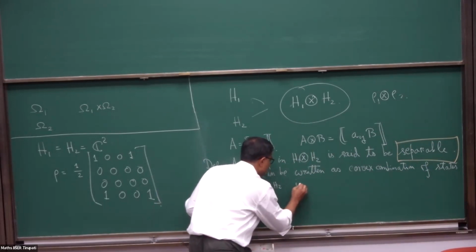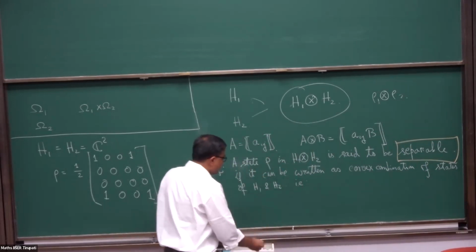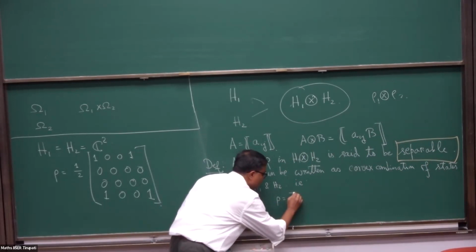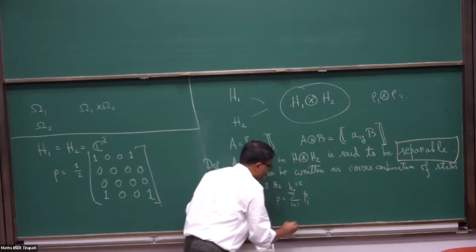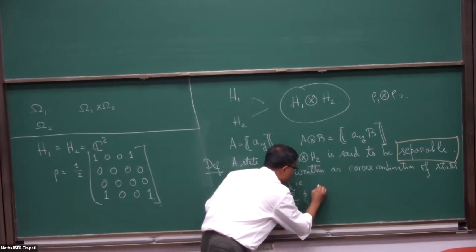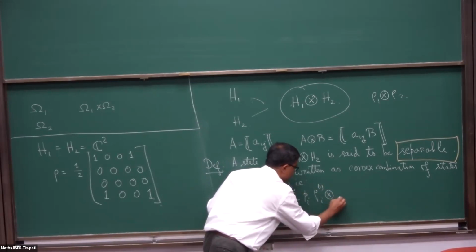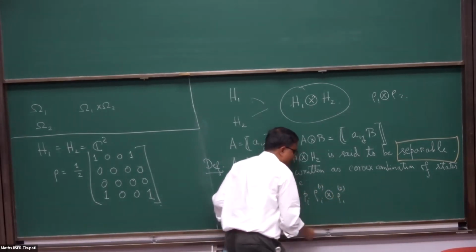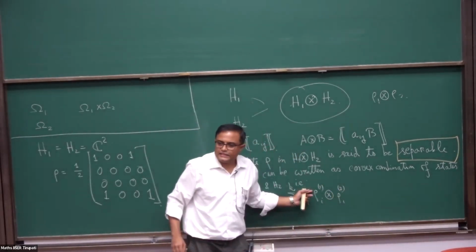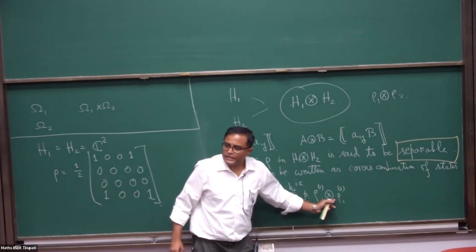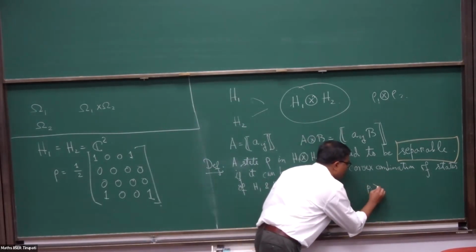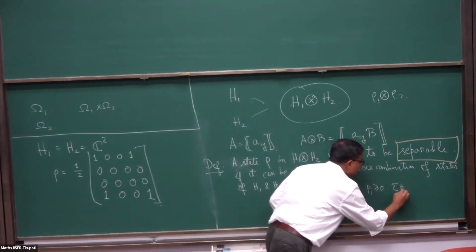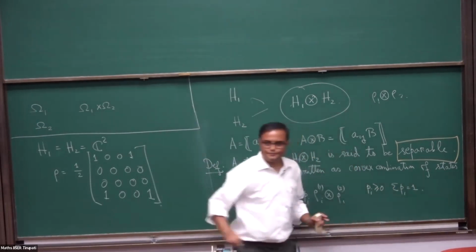That is, I can write rho as the summation of i equal to 1 to k of p i rho 1 i tensor rho 2 i, where rho 1 i is a state in H 1, rho 2 i is a state in H 2, the p i's are all greater than or equal to 0, and the summation of p i is equal to 1.